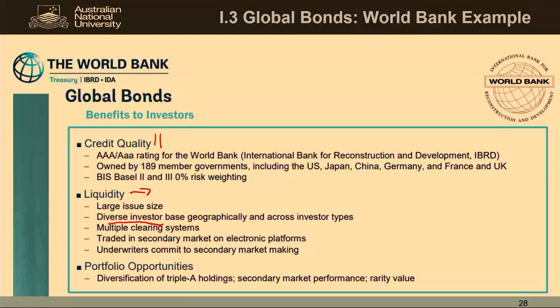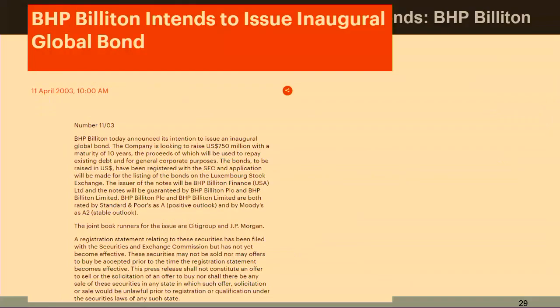And so if you are an investor, this is the line where you would look for portfolio opportunities, diversification of a very high quality issuer, very liquid, and also a very good return value. So other than the World Bank, BHP Billiton, which is a British Australian company, also issued a global bond.